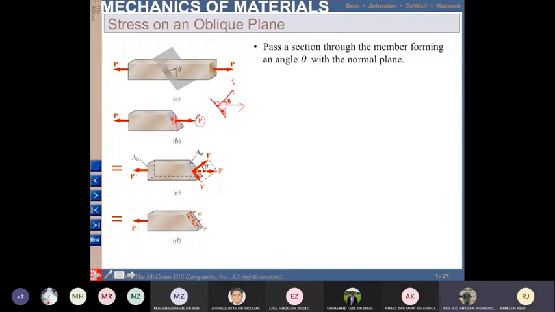So this P will become the new P. If this is F, and this is 90 degrees, this is P. So cos theta equals F over P. Cos theta equal to F over P. So you will get F equal to P cos theta.